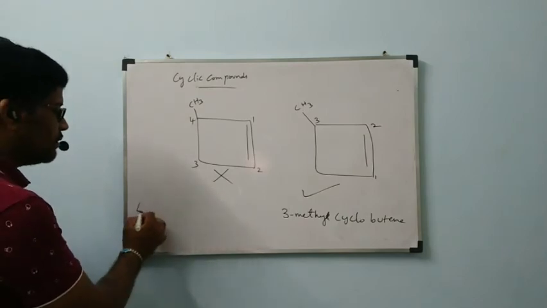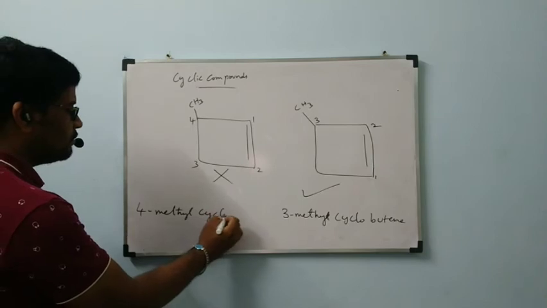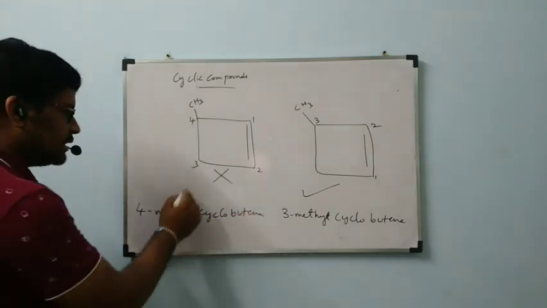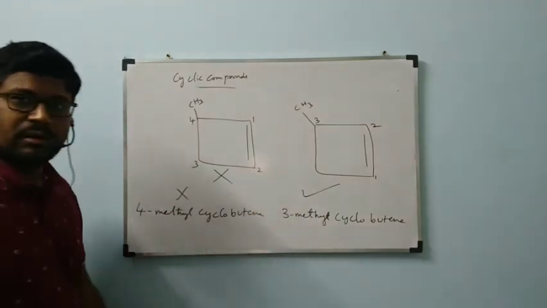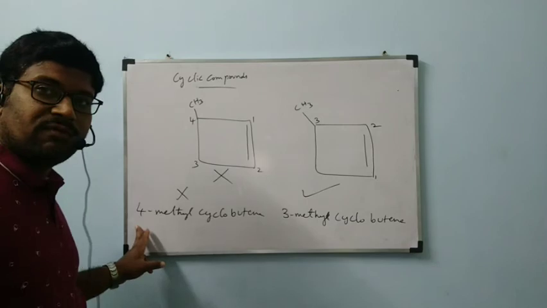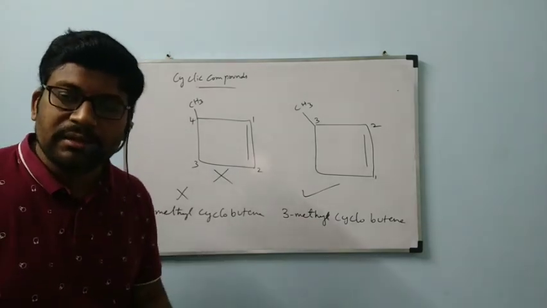According to the other one, it would be 4-methylcyclobutene. The second is wrong and the first is correct, because the methyl group is getting 3 here and 4 there.